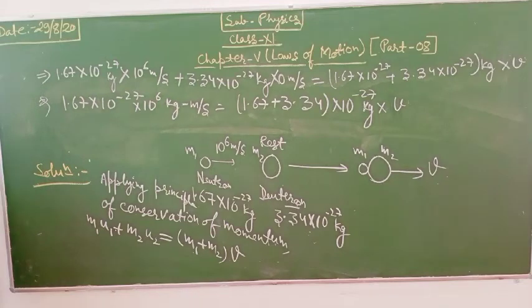1.67 plus 3.34 is 5.01 into 10 to the power minus 27.